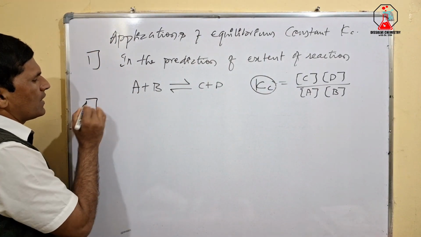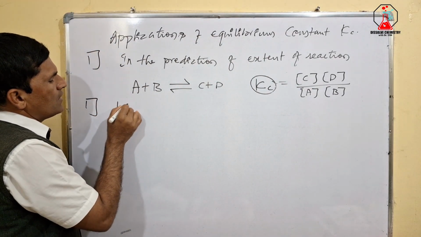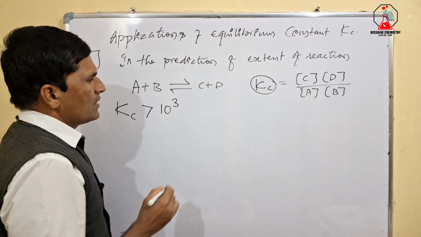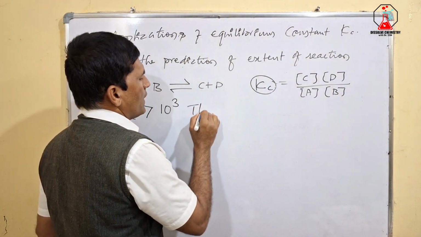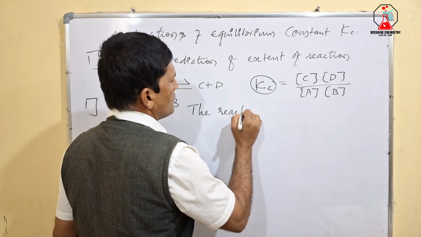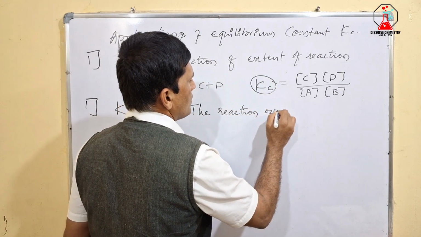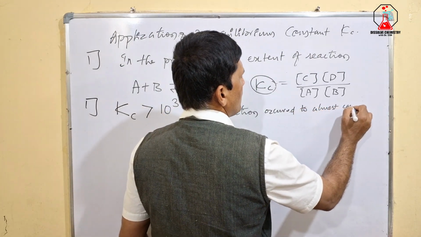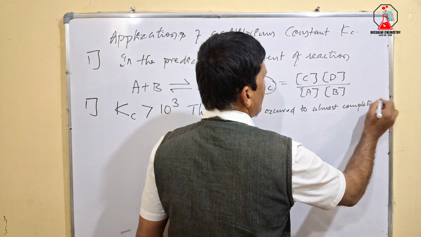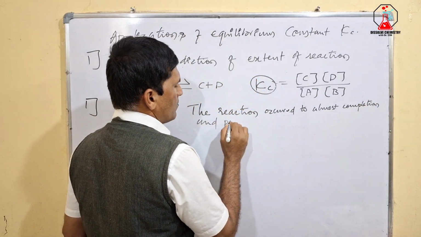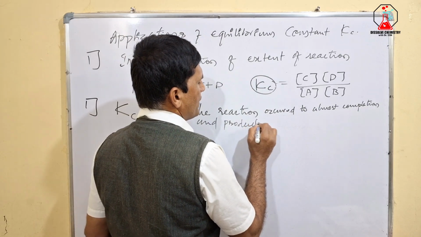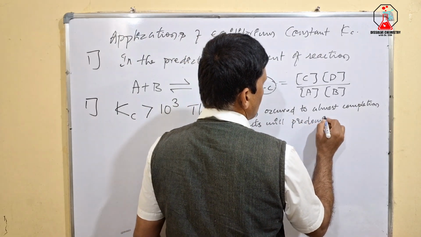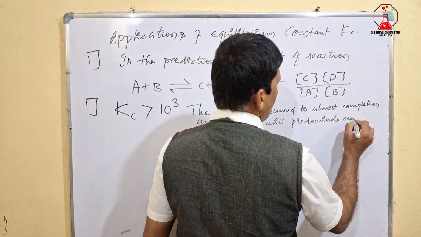The first condition is that if the equilibrium constant value is greater than 10 to the power 3, then we say that the reaction has occurred to almost completion, and here products will predominate over reactants.